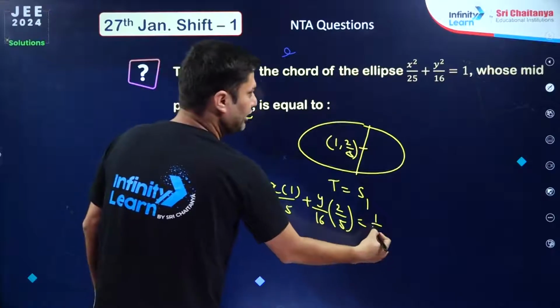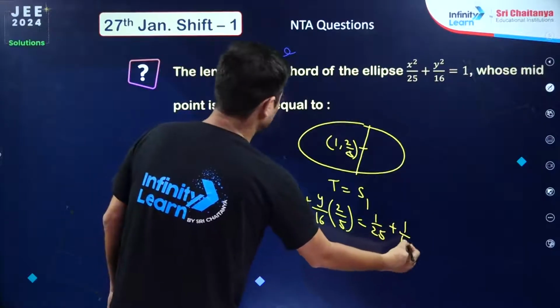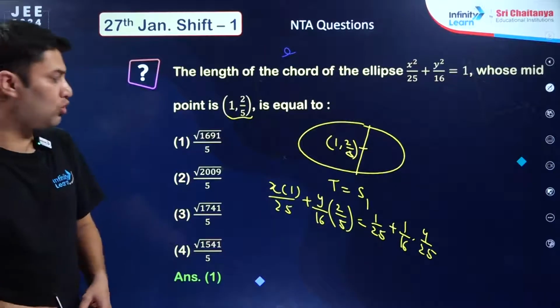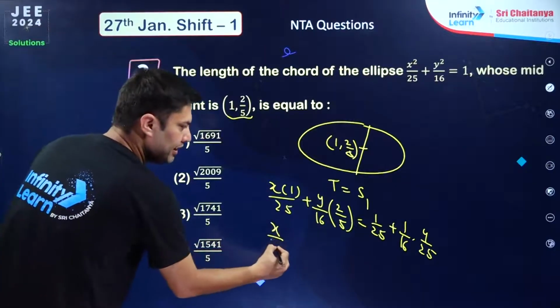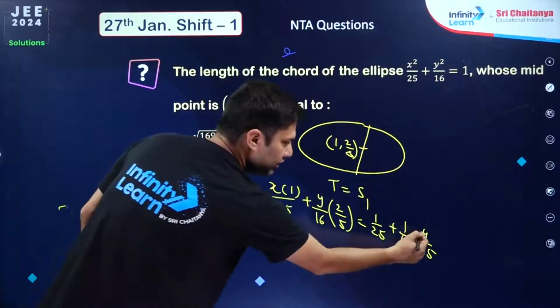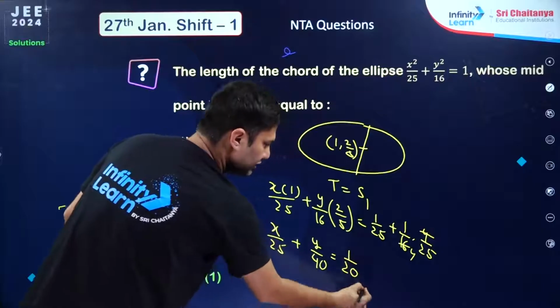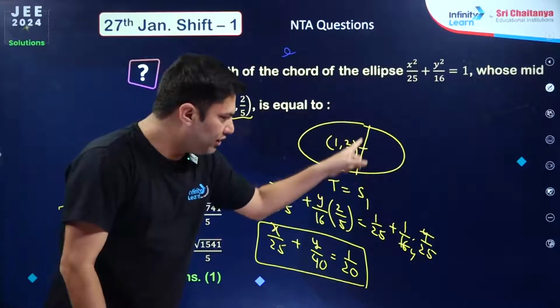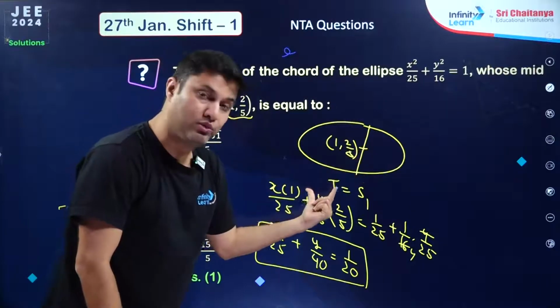So this is 1 by 25 plus 1 by 16 into 4 by 25. So x by 25 plus y by 40 is equal to, I think, 1 by 20. So this is the equation of the chord whose midpoint is given, T equal to S1.